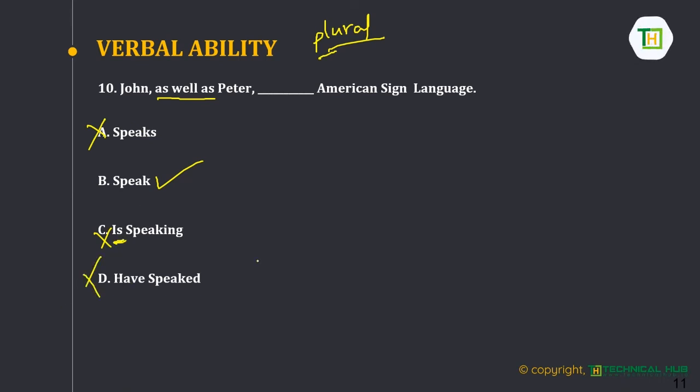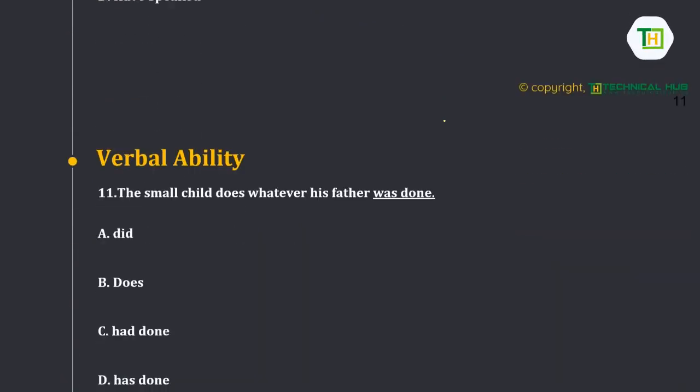Have spoken also will not come. Have spoken, if it comes, then we may think because spoken is the V3 form. So remember, as well as is there, you always use the plural form of the verb. So yeah, moving to the next question.